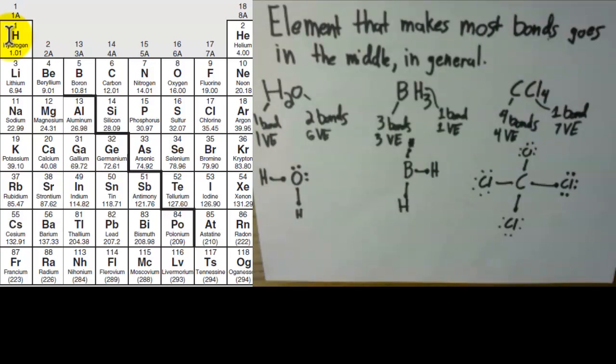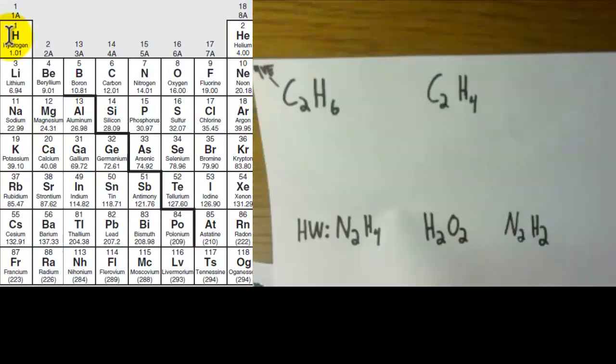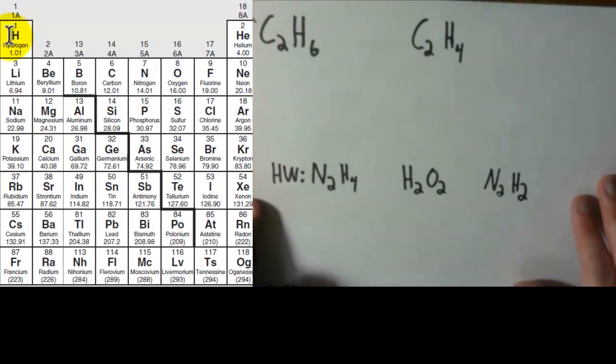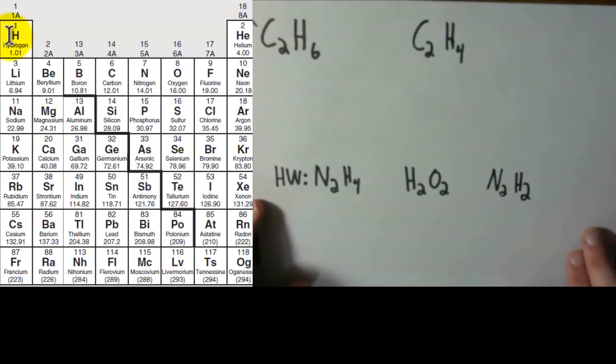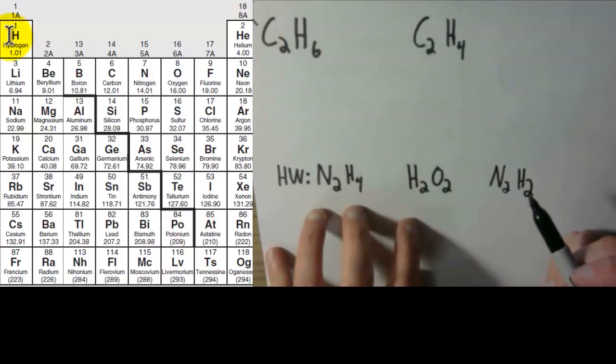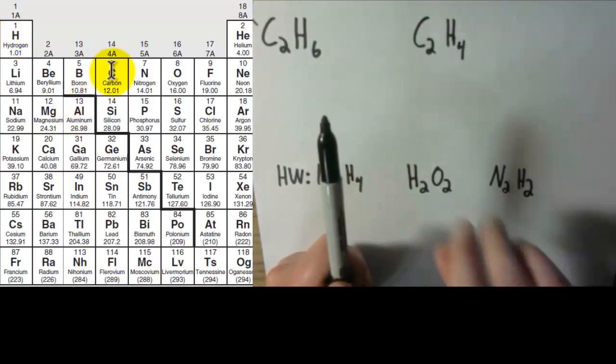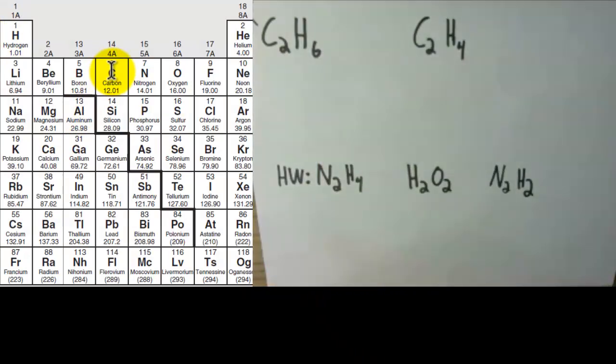So for the new examples, we are going to try and figure out how to draw things that have more than one central atom. And this may seem a little weird at first, but it works the exact same way. So we know that carbon, element 6, right here, carbon has 4 valence electrons.